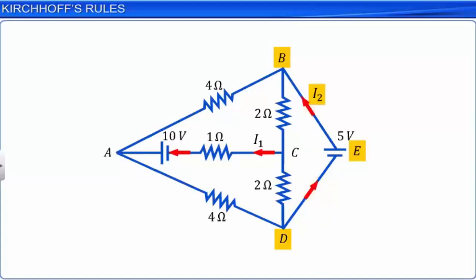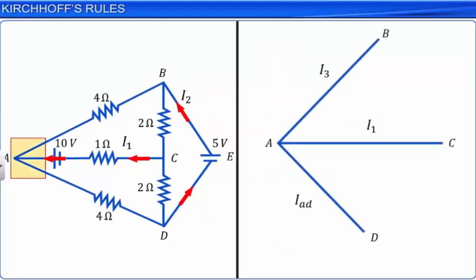The three branches BA, CA and DA meet at the nodal point A. We have already labeled the current in branch AC. We have to now label the currents in the remaining two branches.